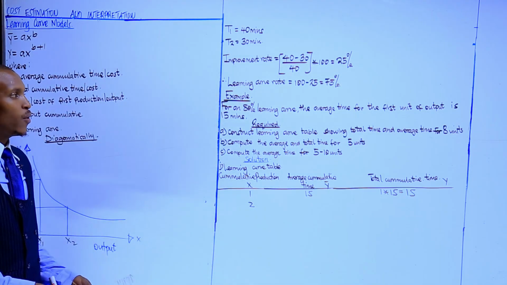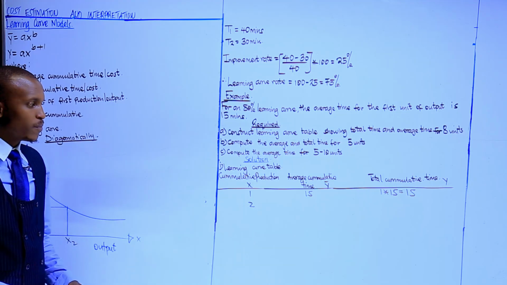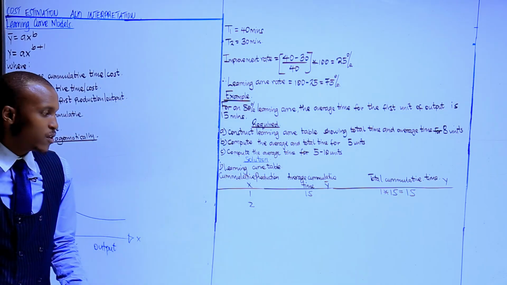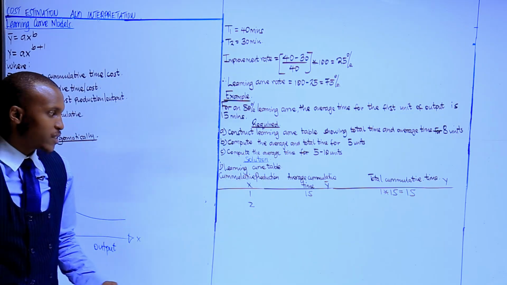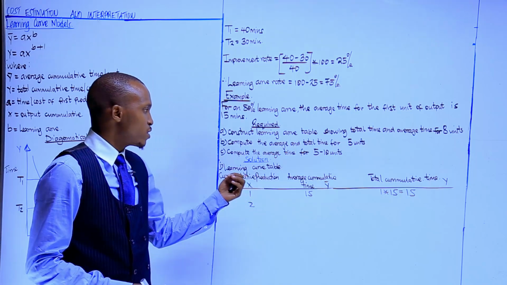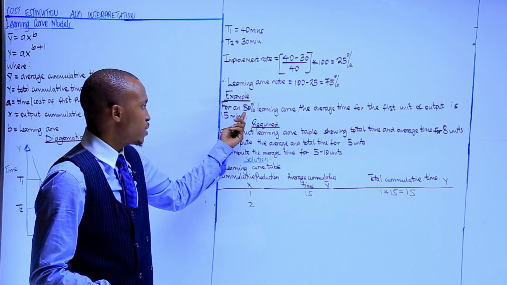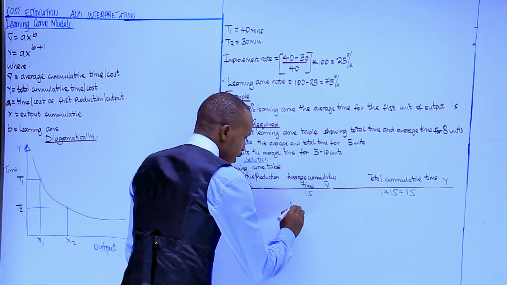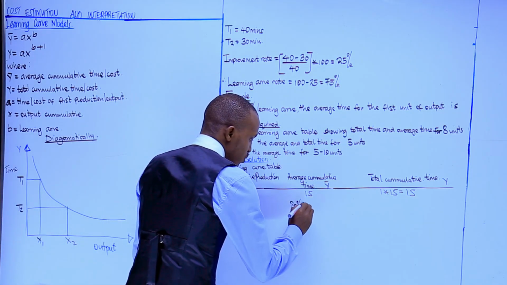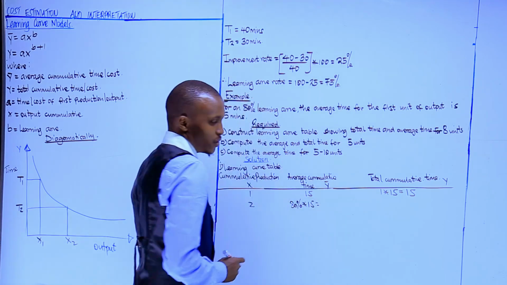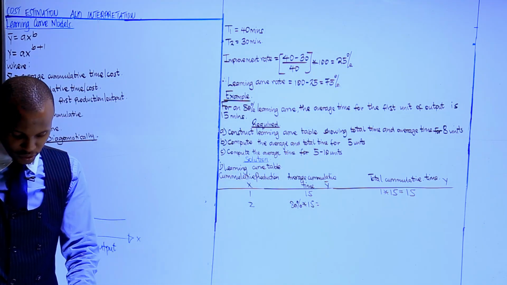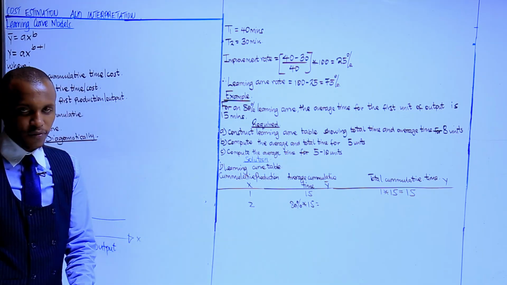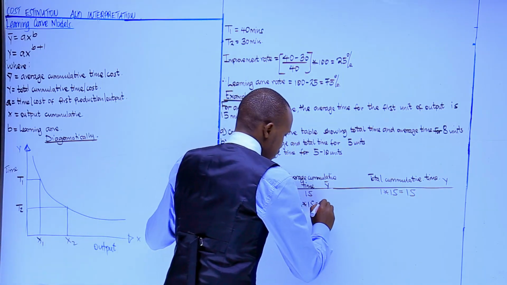Suppose we double our production to 2 units. The average time taken by the first 2 units, you expect it to reduce. An 80% learning curve simply means you multiply 15 by 80%, which is 12 minutes.